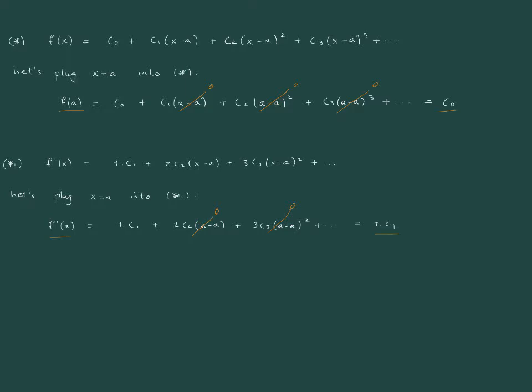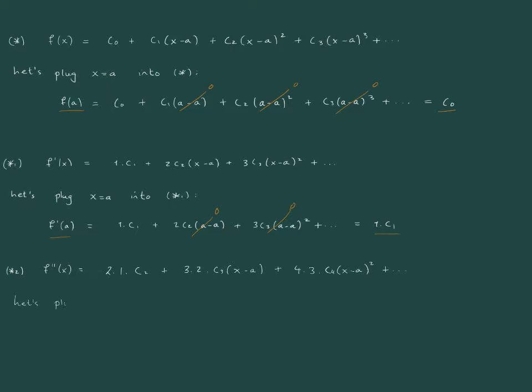So let's repeat the process and differentiate star 1 to get a new equation, which we'll creatively call star 2. And it says f double prime of x is equal to 2 times 1 times C2 plus 3 times 2 times C3 (x minus a) plus 4 times 3 times C4 times (x minus a) squared. Again, I'm leaving the coefficients like this for a reason.